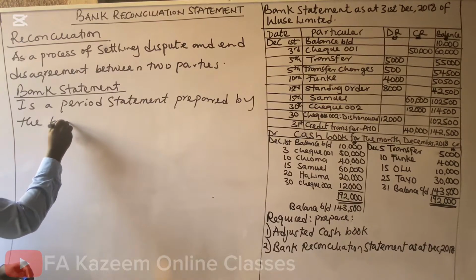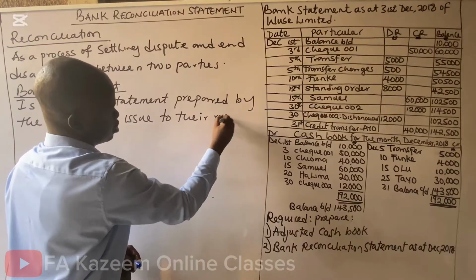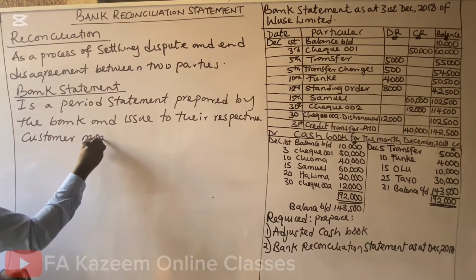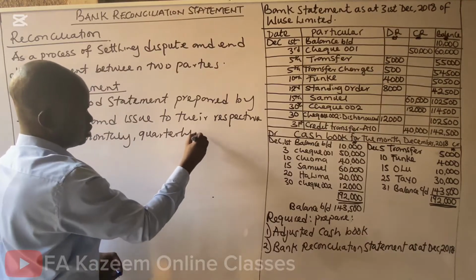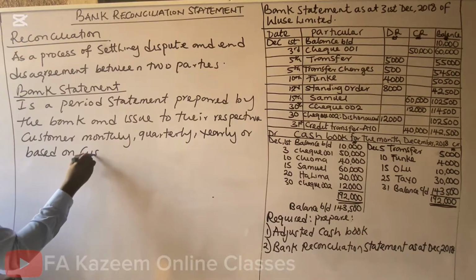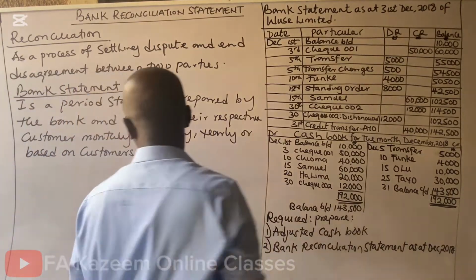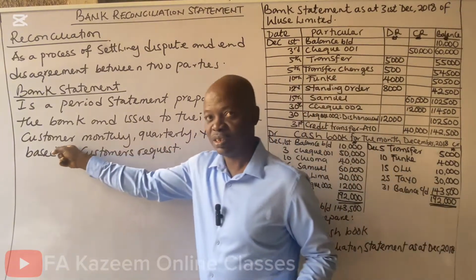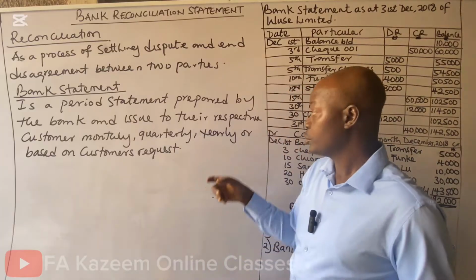Bank statement is a periodic statement prepared by the bank and issued to their respective customer monthly, quarterly, yearly, or based on customer's request. Some banks issue the bank statement on monthly basis, while some on quarterly basis, while some on yearly basis.